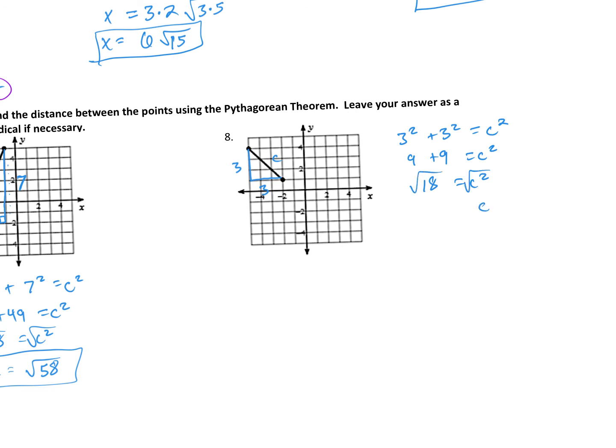If I'm square rooting this, 18 is 9 times 2. 9 is a perfect square. If I square root that, I get 3. So this is 3 root 2. The 2 stays behind.